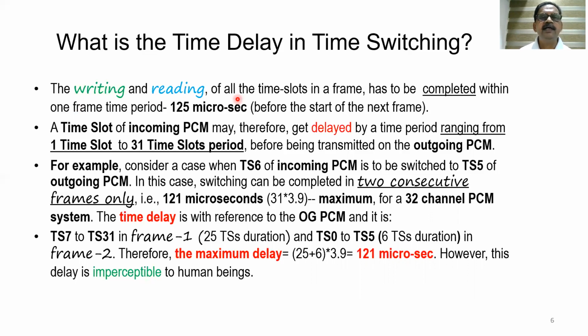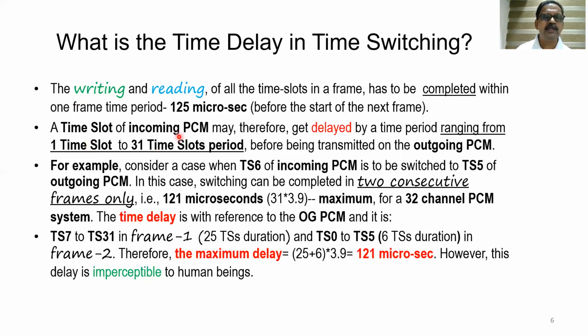The writing and reading of all the time slots in a frame has to be completed within one frame time period, that is 125 microseconds, before the start of the next frame. This we all know from the basic principles of PCM. So either writing or reading of all the time slots of one frame, in case of 30 channel PCM, in 32 time slots, information has to be written or read out within a frame duration of 125 microseconds.